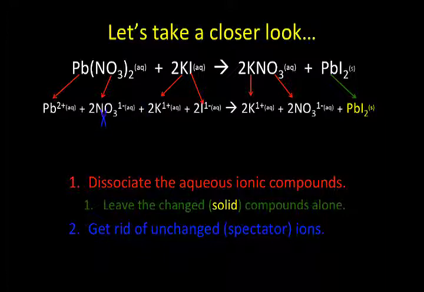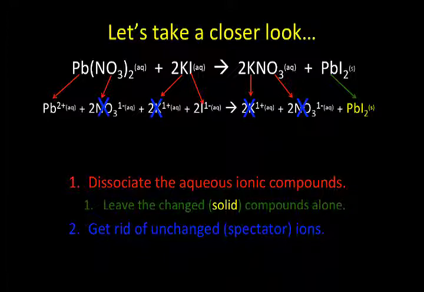If you look at the nitrates, however, there are 2 nitrates floating around freely on the left, and they're still floating around freely over there in the products, so we're going to cross them out. The 2 potassiums in the reactants are unchanged on the right-hand side of the products, so we need to cross those out also. Those are the spectator ions. They don't take part in the reaction, so we're really not worried about them.